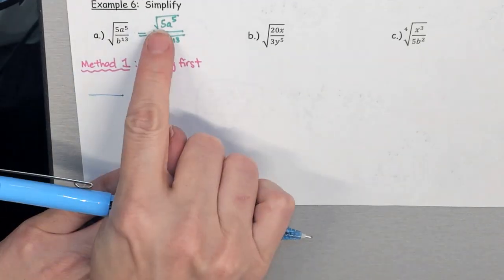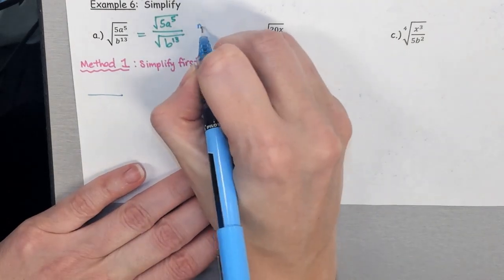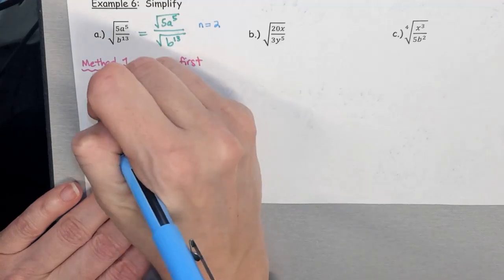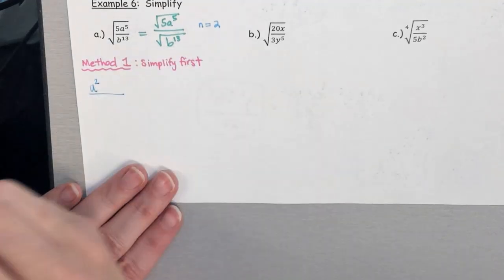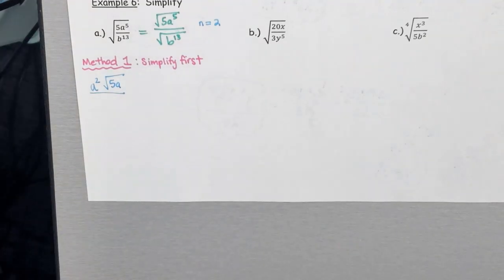okay, on the top, I can't do anything with the 5. My index is 2. Okay, so 2 goes into 5 how many times? 2 with how many left over? 1. Okay, so I simplify the top into a squared times the square root of 5a.